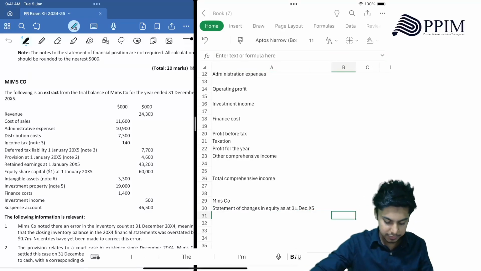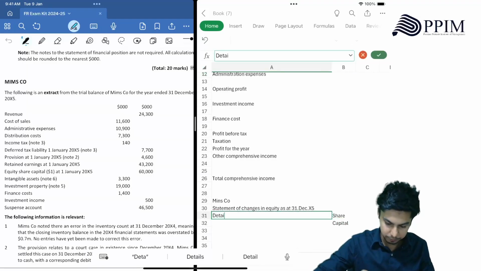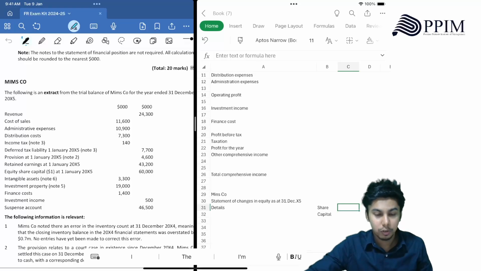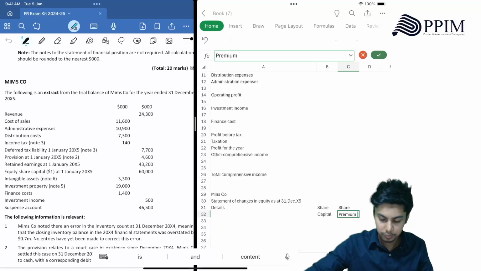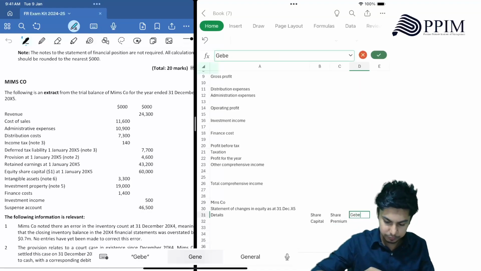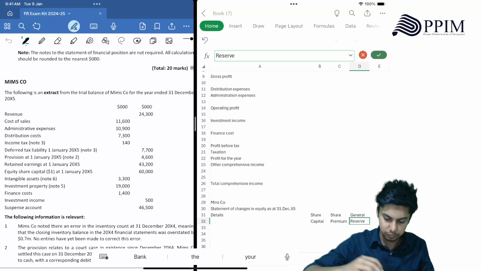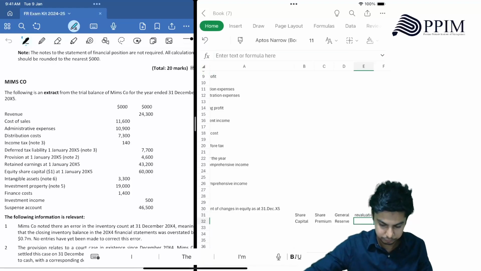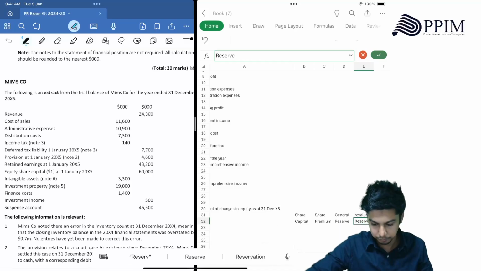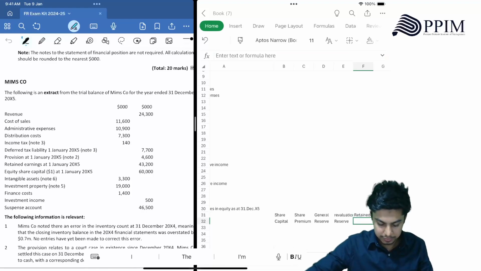You can keep share capital, then share premium, then general reserve, then revaluation reserve, and then retained earnings. These are the normal things that we have.